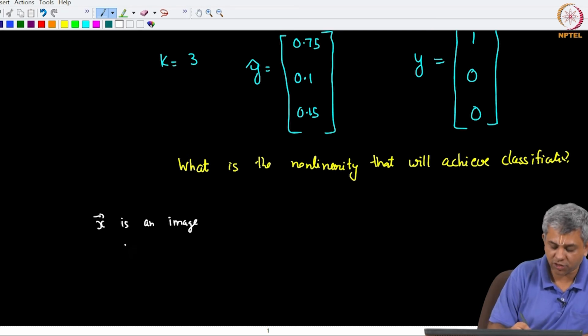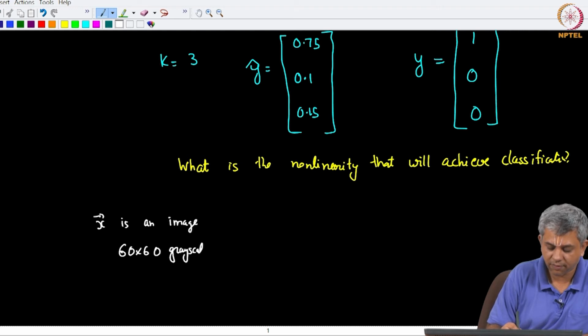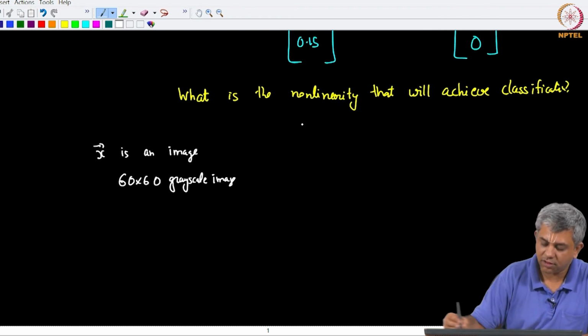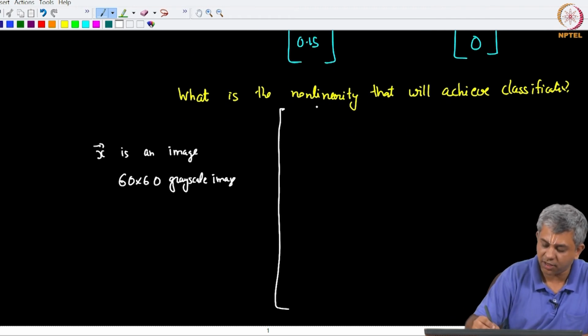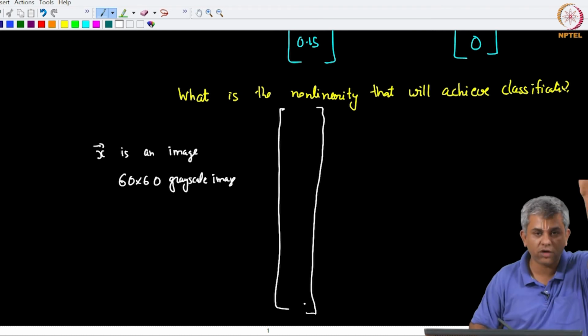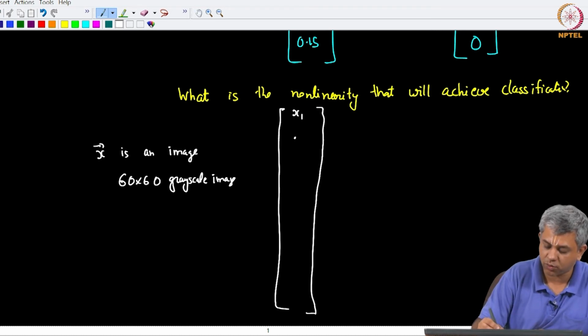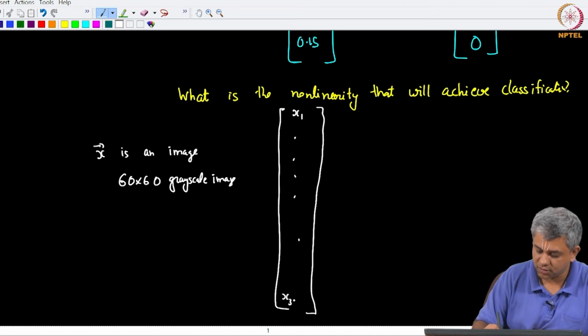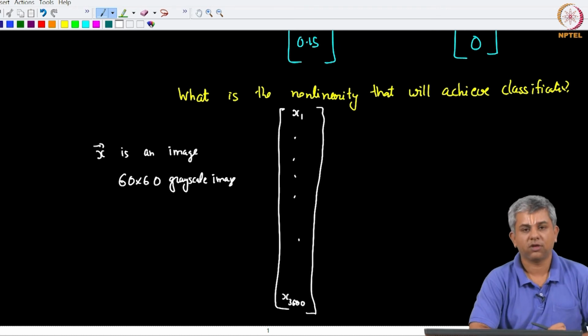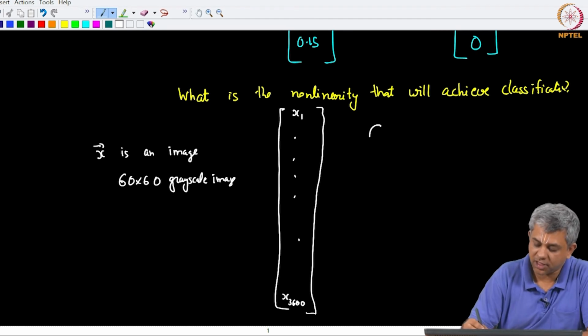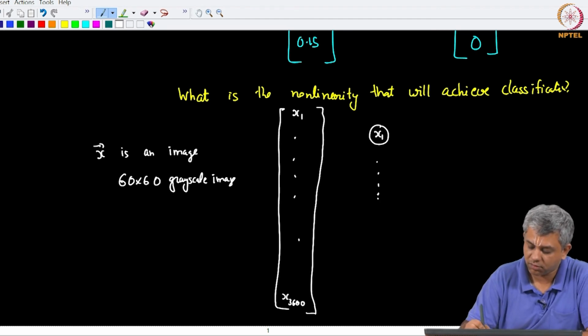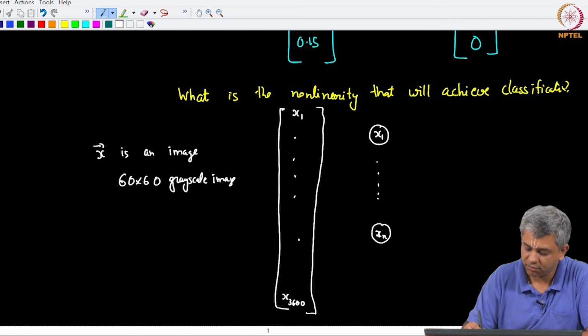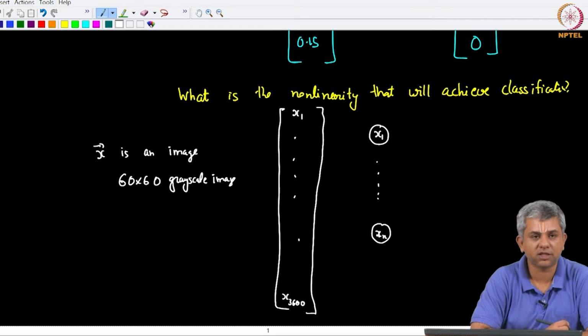Let us say it is a 60 cross 60 grayscale image, which means x vector, as I have repeated many times, can be written simply as one single unrolled vector which goes from x 1 to x 3600. Okay. So, we will just represent this as x 1 up till x n. Okay. So, all these circles represent different components of this vector.